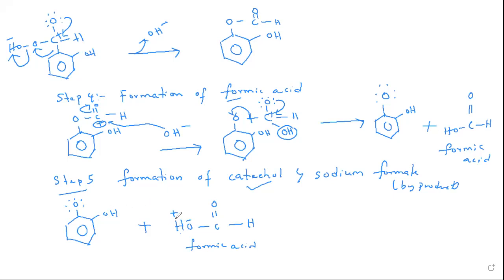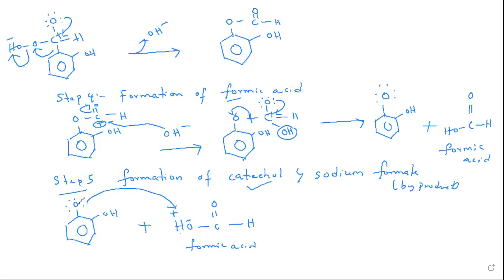So as hydrogen is having positive charge, you can stabilize this hydrogen by donating a lone pair of electron from oxygen. How many lone pair of electrons are present here? 3. But oxygen requires only 2. So this extra lone pair of electron, it will donate for hydrogen atom.